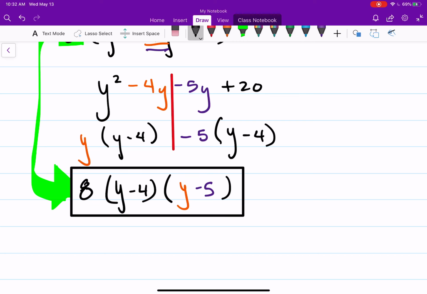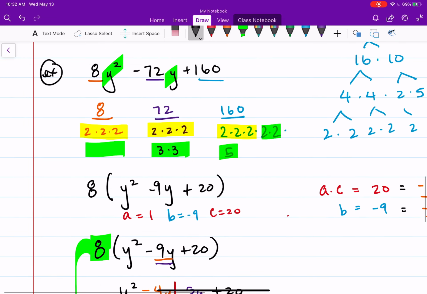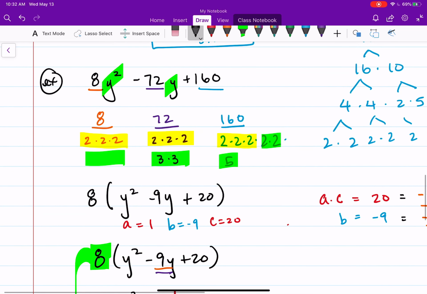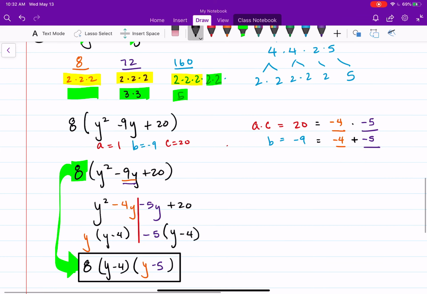And there we go. Hopefully that helps you. Now, my preference right now for you guys is probably to stick with the AC method until you get down. So again, here is step 1.